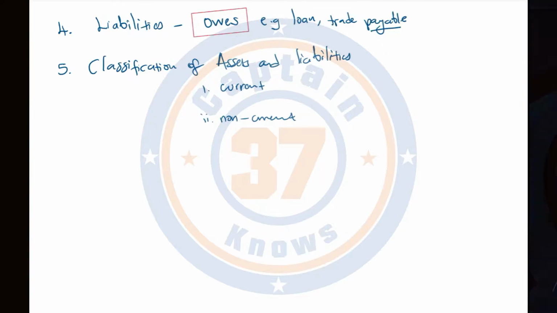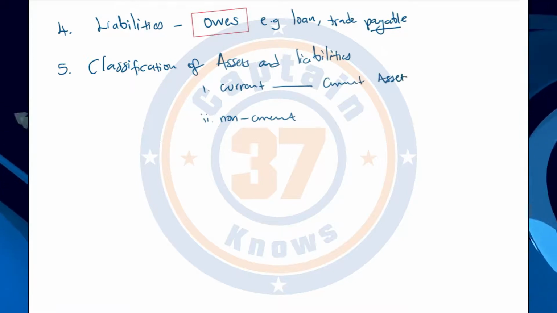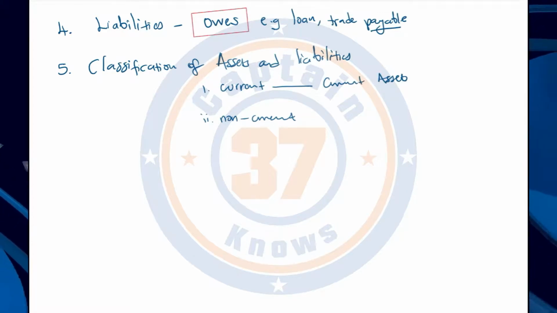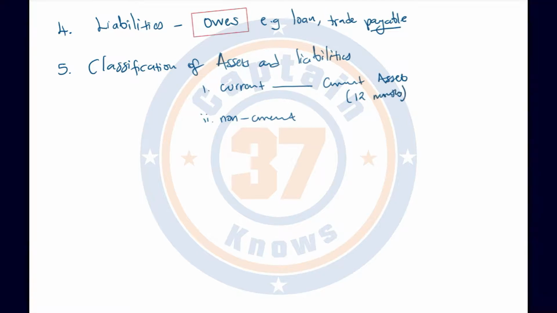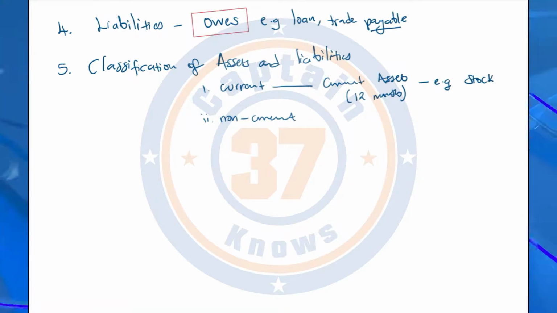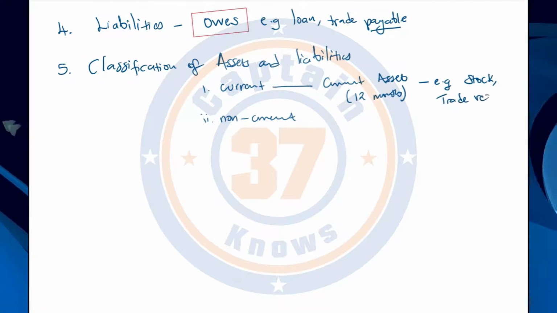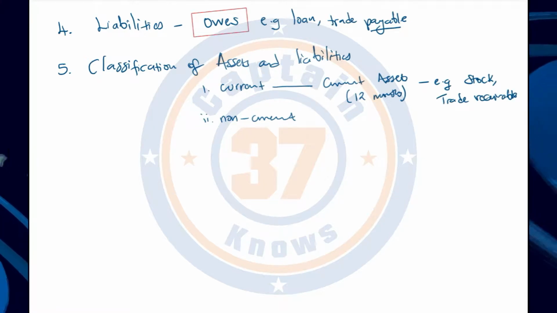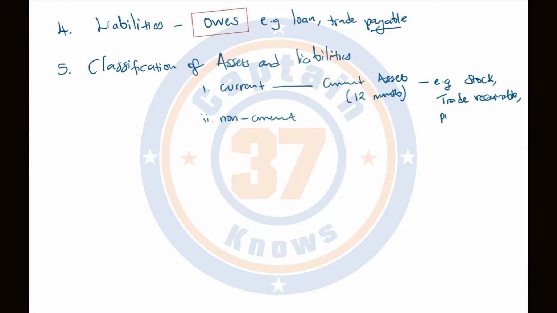Current assets are those you can convert into cash within a period of 12 months. Examples are stock and trade receivable, which I did explain. Also prepaid liabilities.